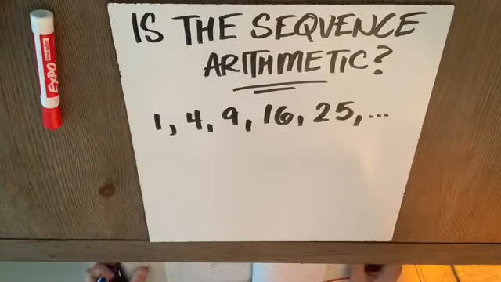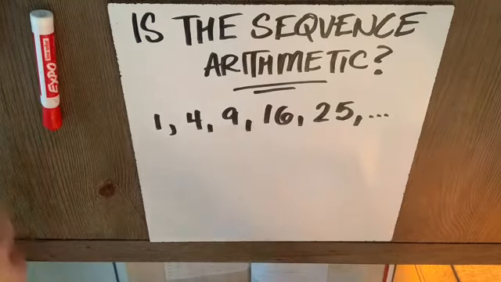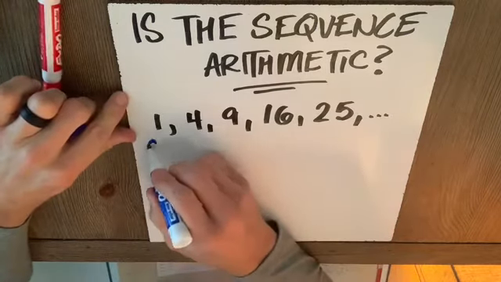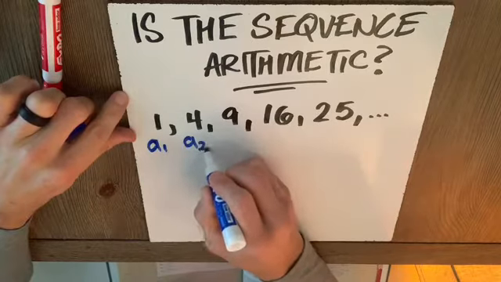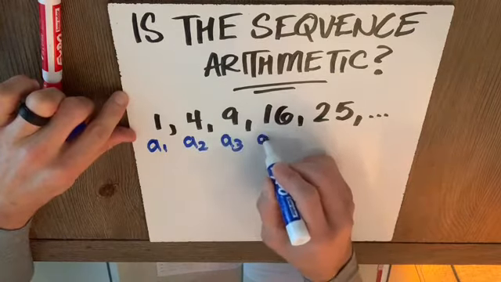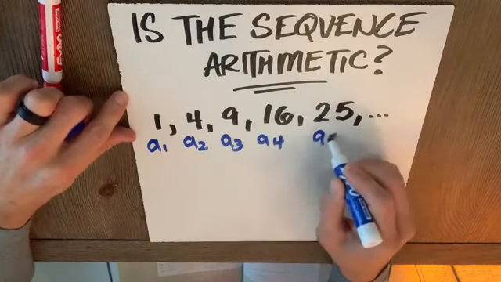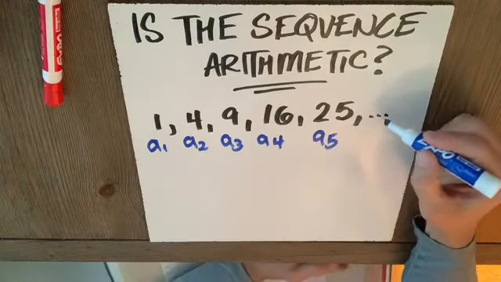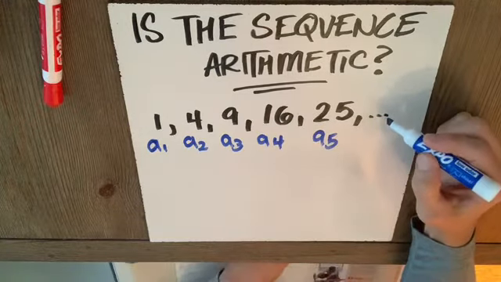Is the sequence arithmetic? Well, this is the first entry or term I come to. So I'll label it A1, then A2, then A3, then A4, then A5, and it's an infinite sequence.